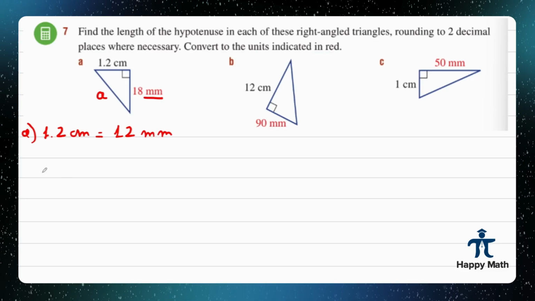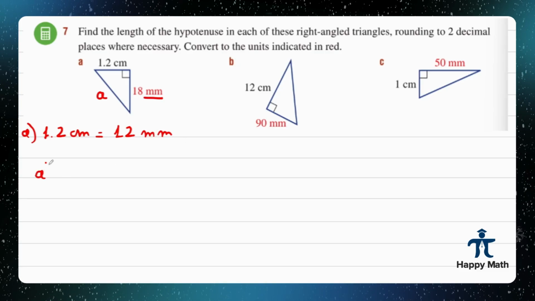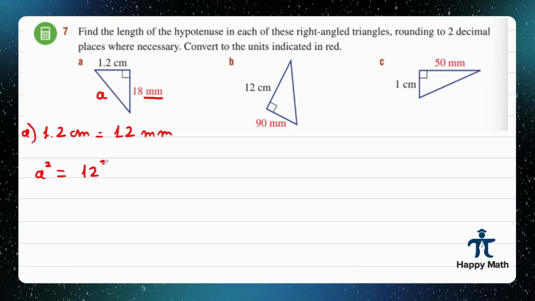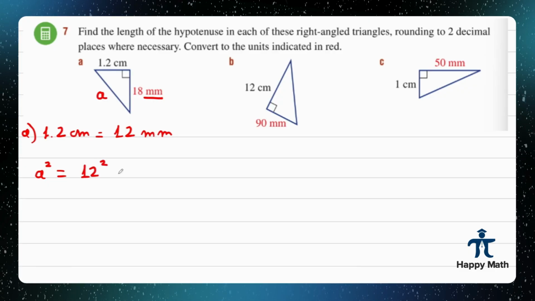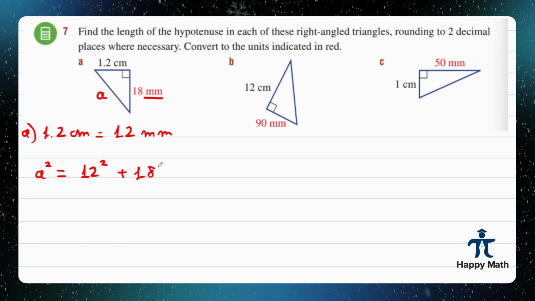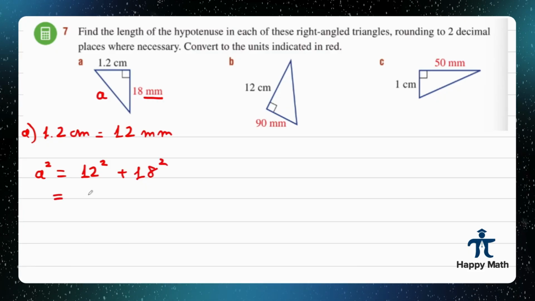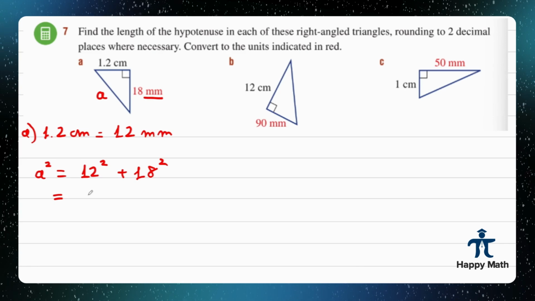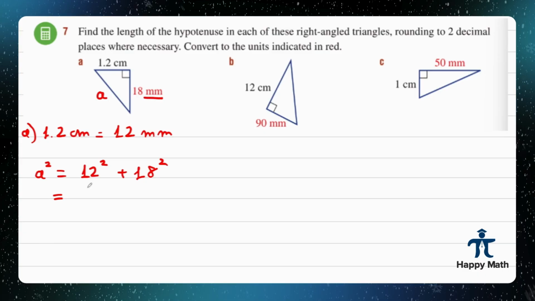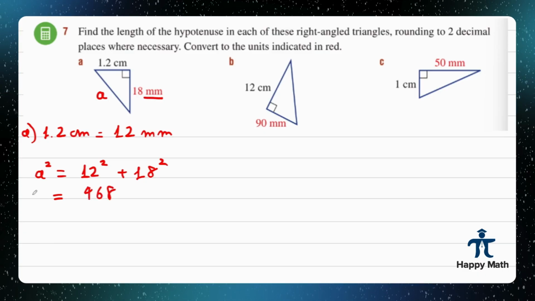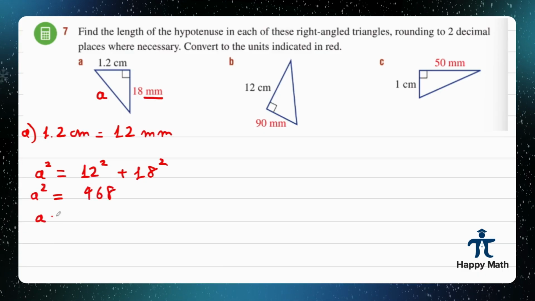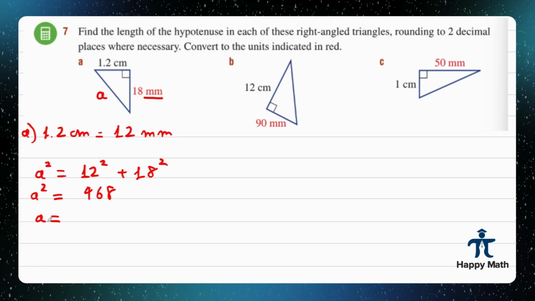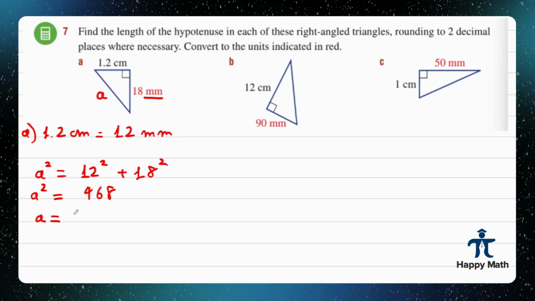And for A, I need to write A in millimeters. A squared is 12 squared plus 18 squared. I'll use my calculator to figure out the final answer, 468, and then A will be the square root of this answer, rounded to 2 decimal places.